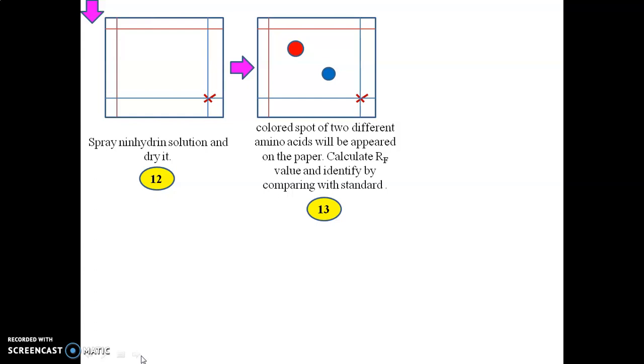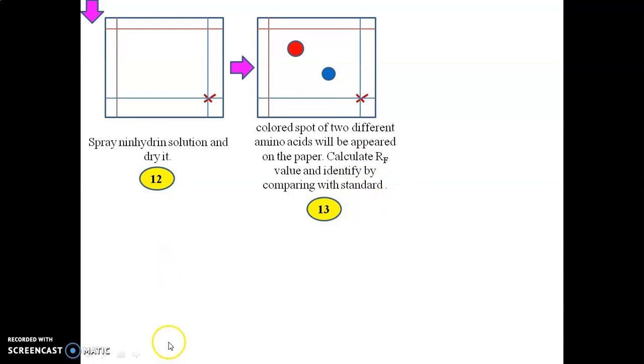And in the indirect method, isolate the separated spot from the paper and perform the extraction procedure. So here, after getting the spot, calculate the RF value and identify by comparing with the standard.